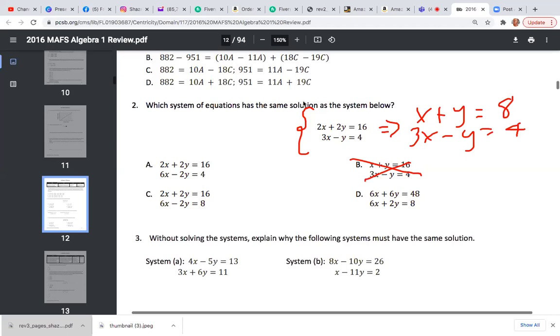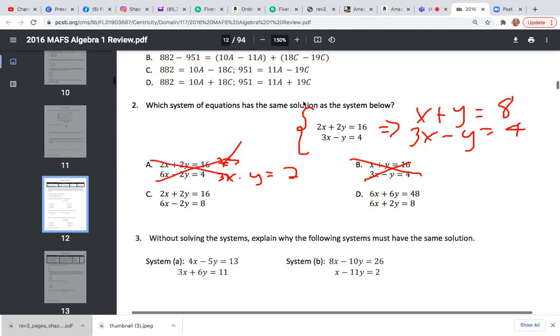Now I'm going to go to letter A. The first equation is the same, but the second equation, if I reduce it, I get 3x minus y equals 2. Is that the same as the second equation from the original problem? No, it's not.